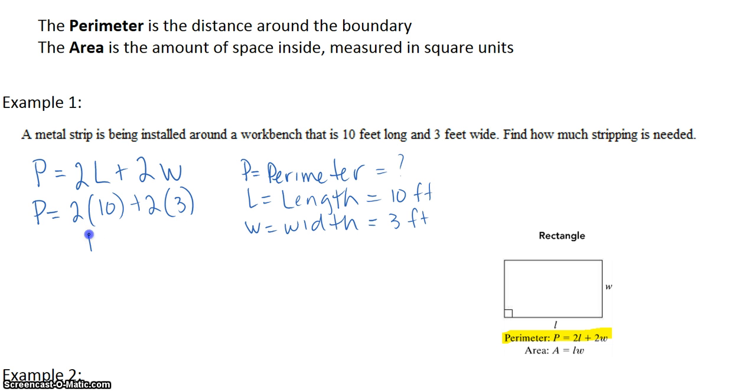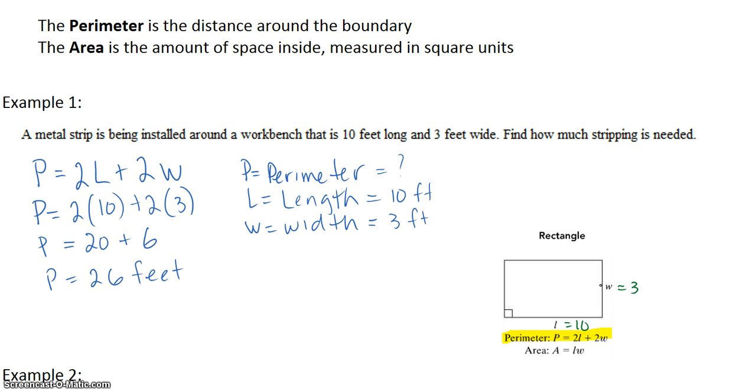So we always multiply before we add, so that would be 20 plus 6. So the perimeter is 26. Now that is just in feet. To see that, let's write the 3 here.